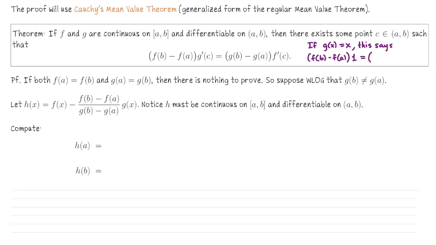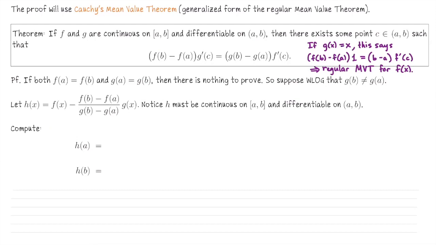And then again, if g were the identity function, g of b minus g of a would be just b minus a times f prime of c for some c. And then you see if you divide b minus a over, you would be looking at the regular mean value theorem for the function f.